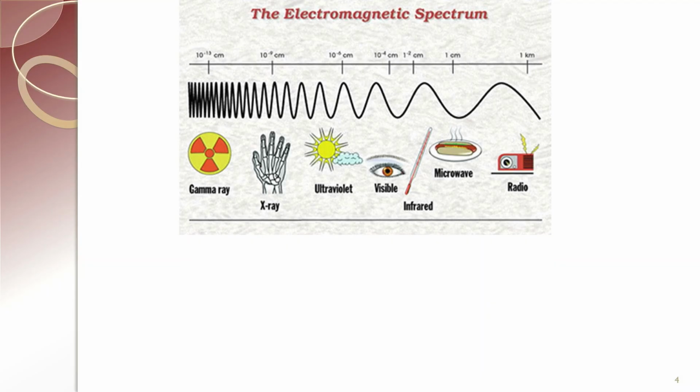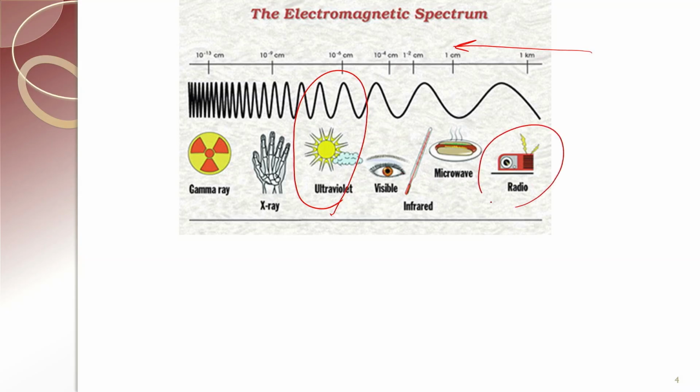Here is another diagrammatic representation of the electromagnetic spectrum. Here our main area of interest is the ultraviolet zone. Wavelength is reduced from right side to left side.